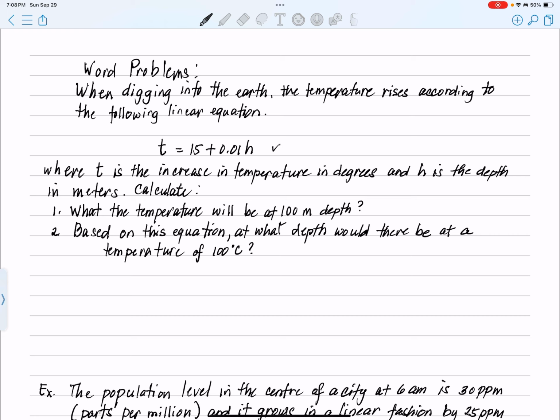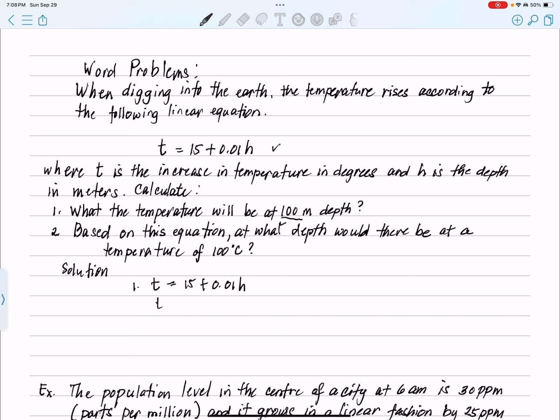So we'll start. Let's write the solution here. For number 1, the equation is given as T equals 15 plus 0.01 H. But in question number 1, the depth is given as 100 meters.